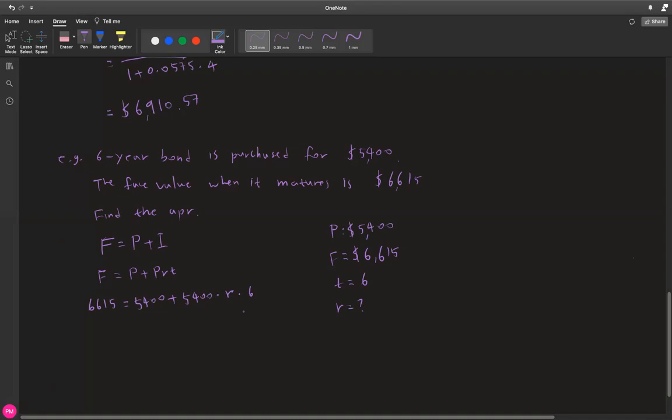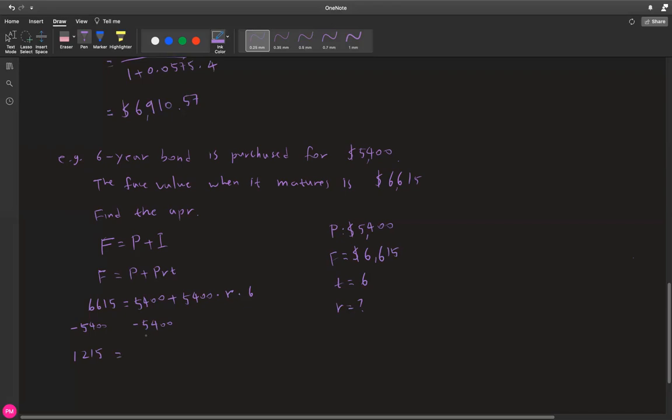Let's actually do the calculation then. So first of all, we want the R on one side and everything else on the other side. So what you would have to do is you first subtract 5,400 on each side. Then on the left-hand side, you would end up with 1215.